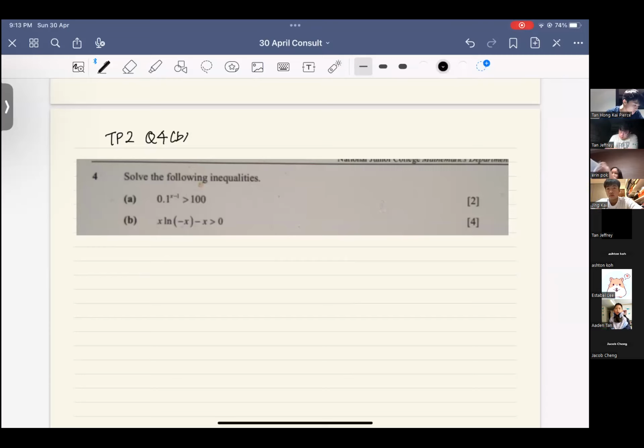Okay, so from here, x ln x. What I can do is I realize that I can actually factorize out my ln x. Remember, ln is like your favorite friend. Whatever is inside the ln has to be positive. So when you're solving this, it also tells you that your negative x must be more than 0, because it is inside the ln.